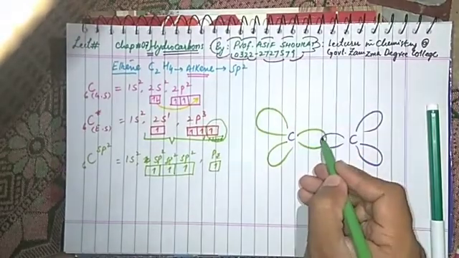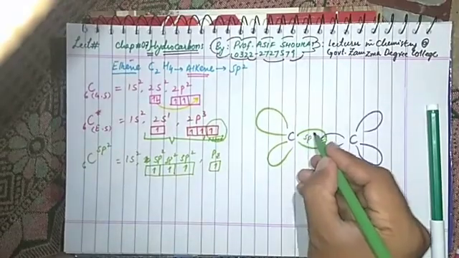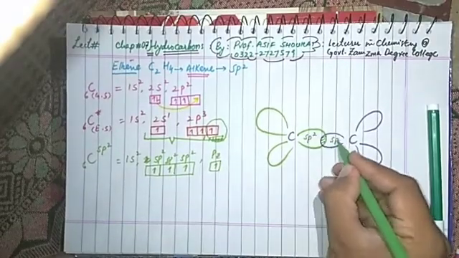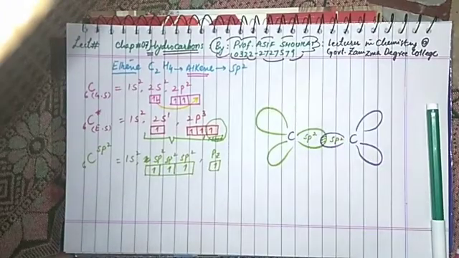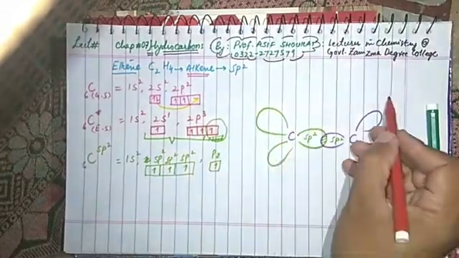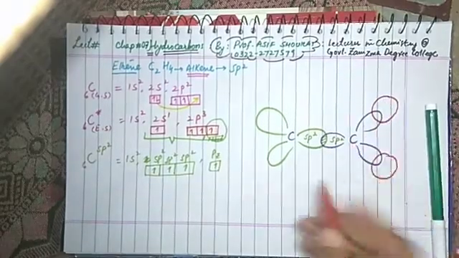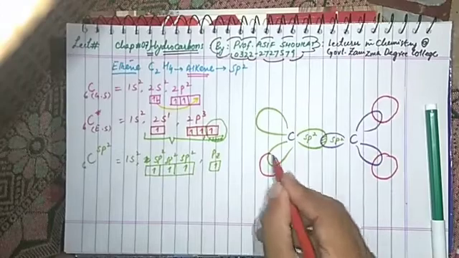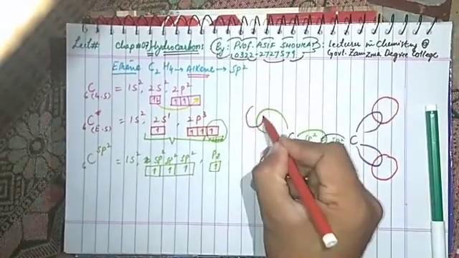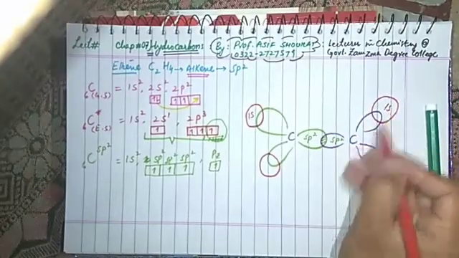Look at this area. This is head-on-head overlapping between sp2 and sp2. It is a sigma bond. Now, what about these 4 corners? 1, 2, 3 and 4. Each corner is making sigma bond along with 1s orbital of hydrogen.